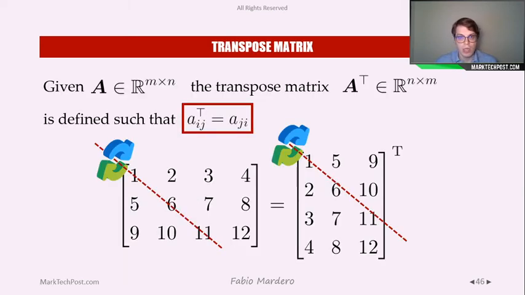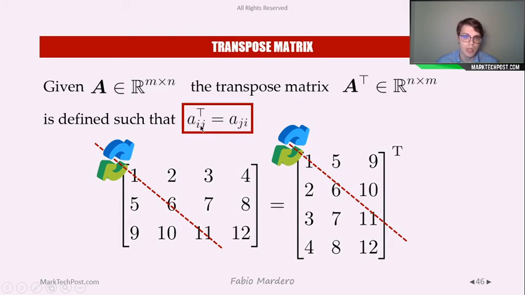The second type of matrix that I want to talk about is the transpose matrix. Here we take a generic A matrix with m rows and n columns, and we transpose it in a way that we shift the two indices of the matrix.